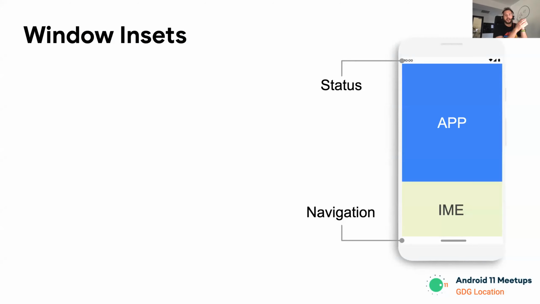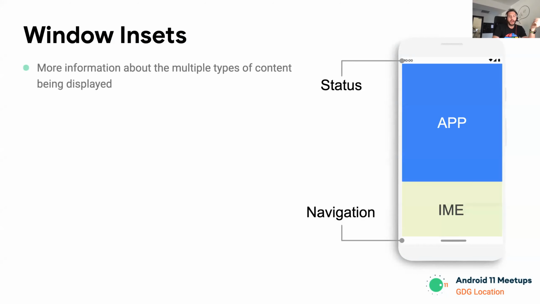One of the things that has been introduced in Android 11 is the window insets system. This has actually been a feature that a lot of people have been looking for. And basically through this new system, we are now able to get information about the space in which we, as developers of apps, can basically present our content.